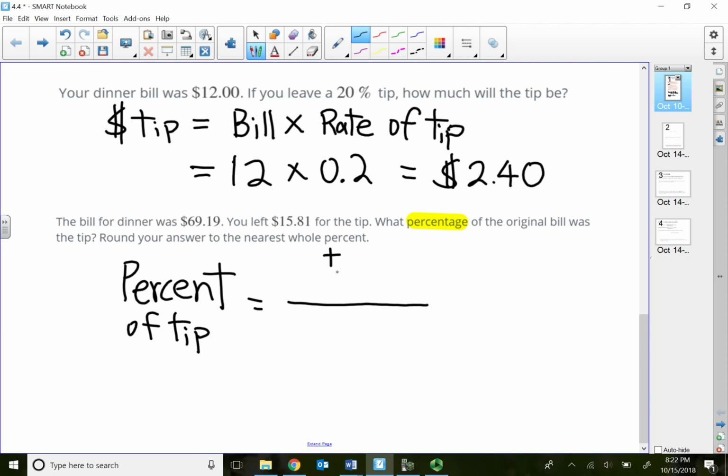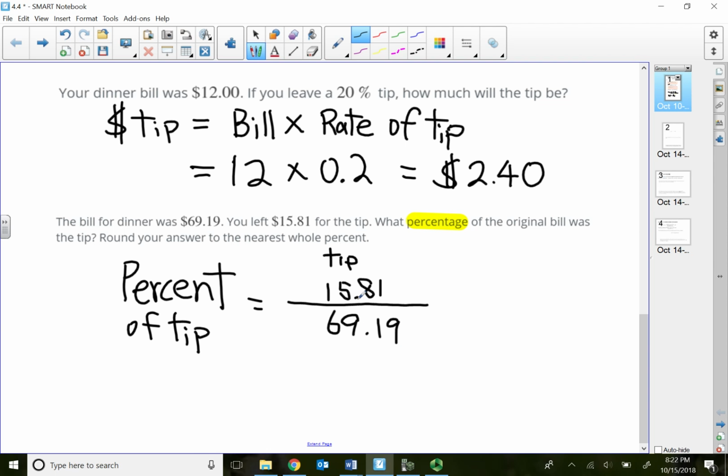My amount of tip is $15.81, divided by my whole bill, $69.19.